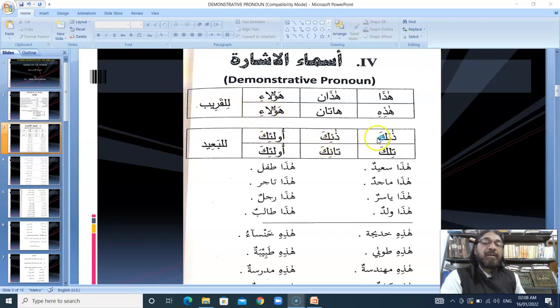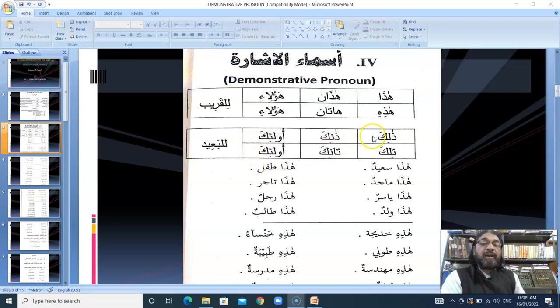Then after 6 more here, as I told you, these 6 are for distant, for far indications. If you want to point out something or someone which is very far from you, and you want to point out to them or to those things, so they may be masculine or feminine.